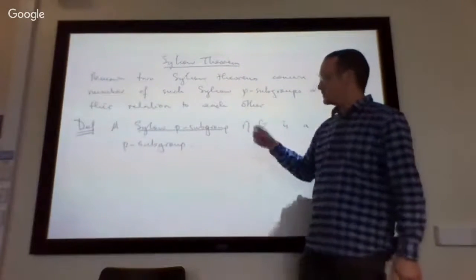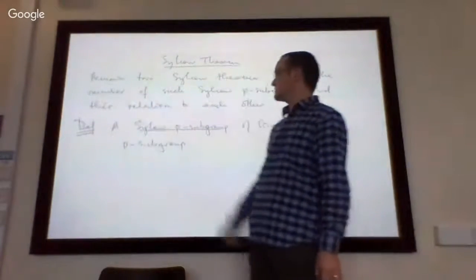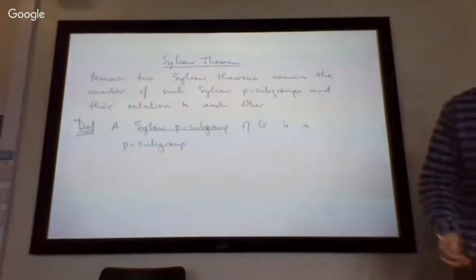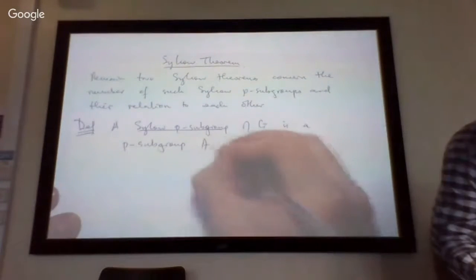And the adjective Sylow attached to it means that it's a P subgroup of G of maximal size.